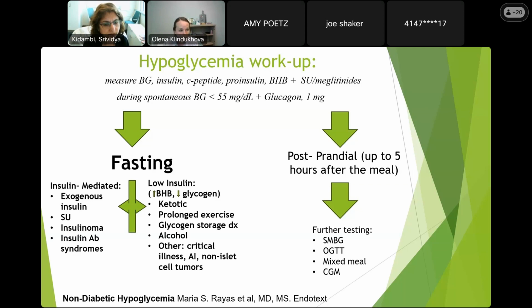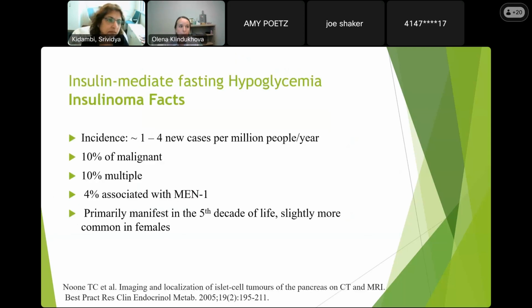All right, so let's go ahead and talk about insulin-mediated hypoglycemia, since this is the holy grail of the whole hypoglycemia topic, and every hypoglycemic patient that we ever see deserves at least a thought of having insulinoma, right? That's something we always rule out.